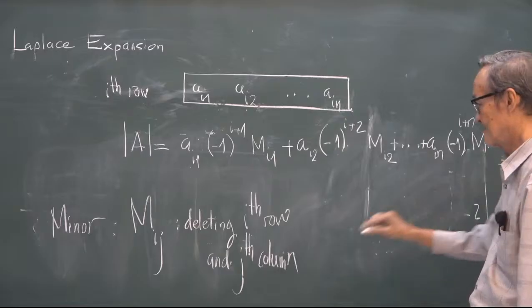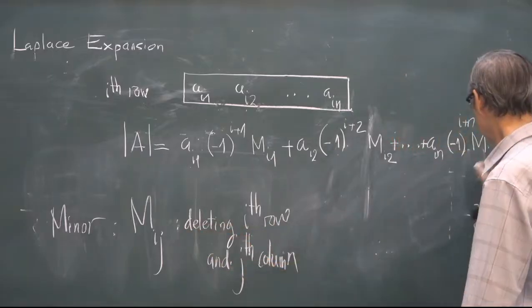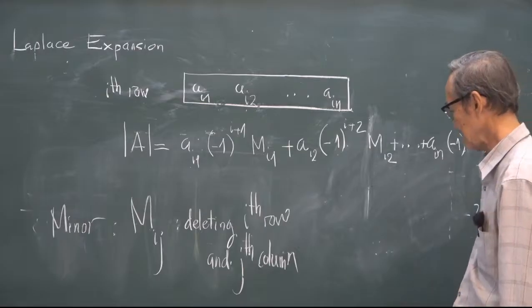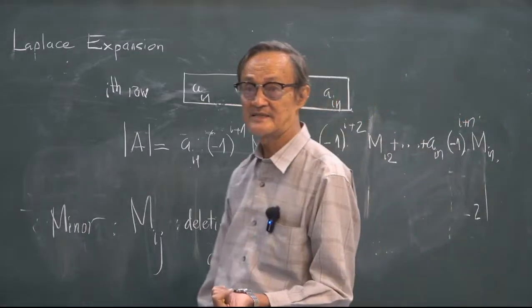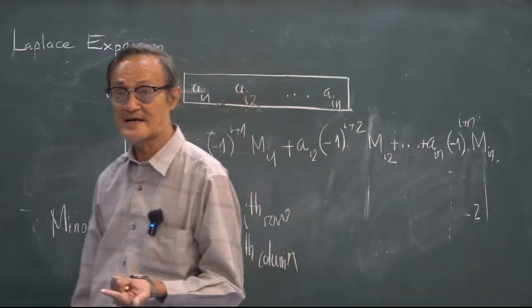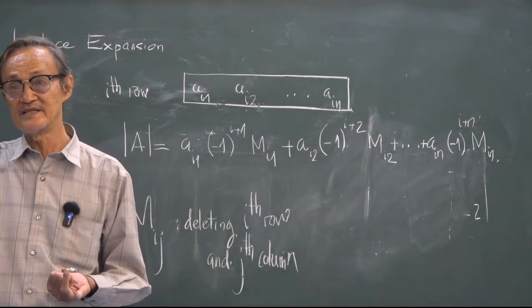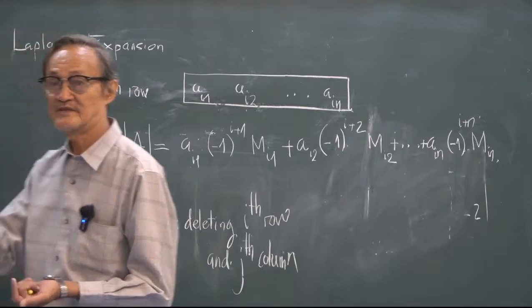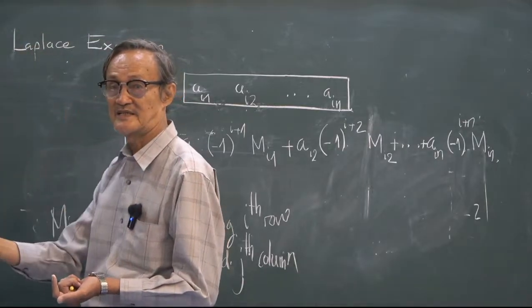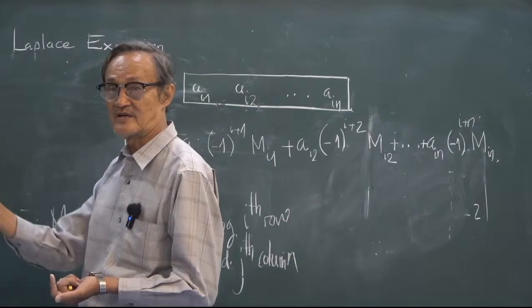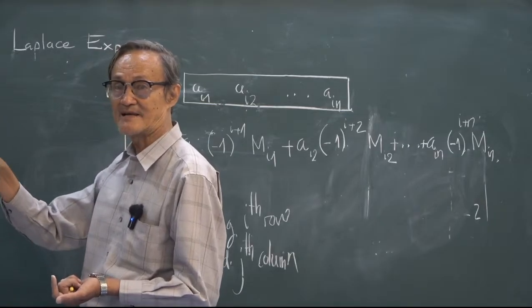We use this symbol M_iN. Element, number minus sign, and the minor deleted. Delete the row and the column which contain each element.